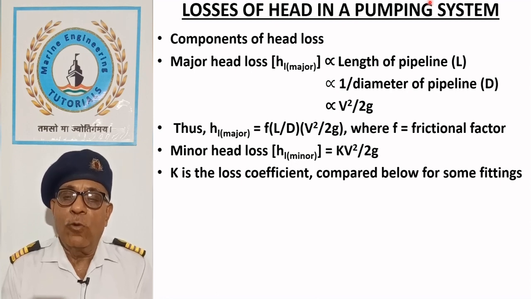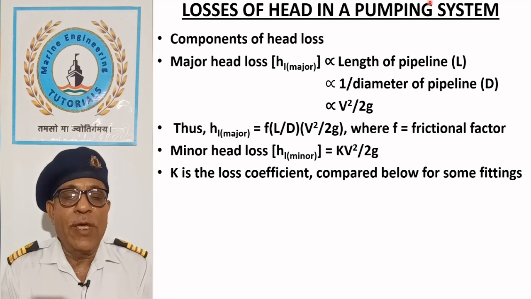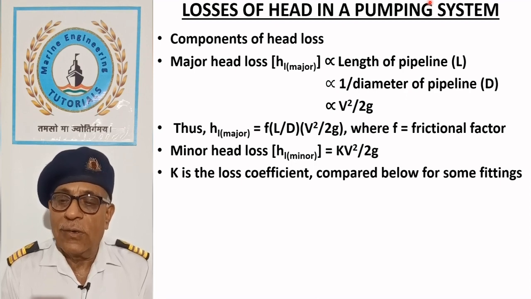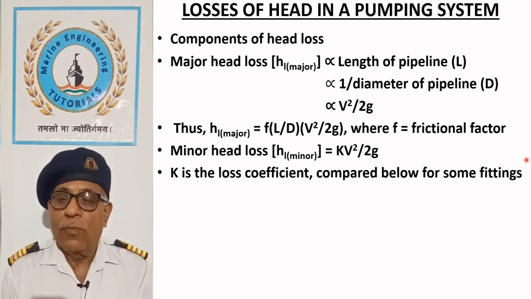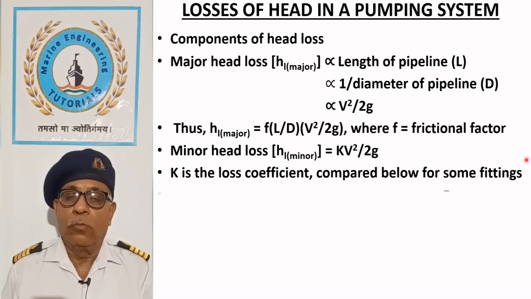K is usually found experimentally, which varies with flow conditions such as geometry of the component, Reynolds number for the flow, and proximity with other fittings. Comparison of K value for some of the common 2-inch fittings are given below.